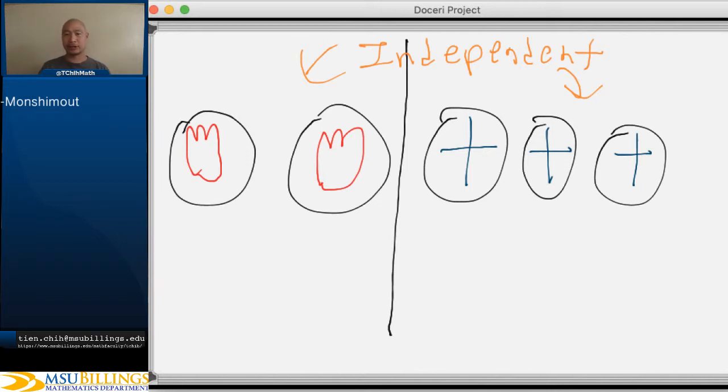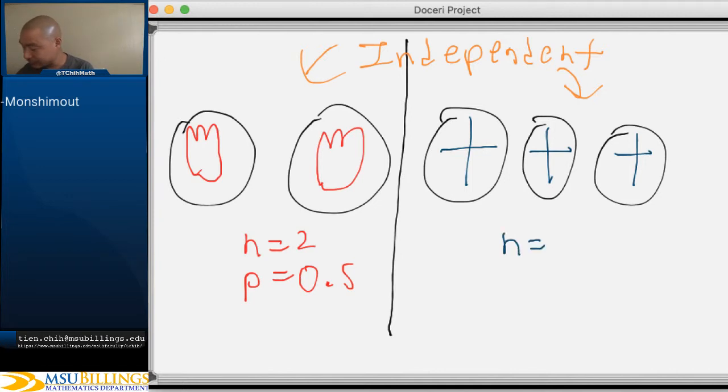And so they occur independently of each other. And individually, the bear's foots are binomial probability, right? There's two of them, and the probability of any one coming up a bear's foot is 50%. And then over here, there's three of these cross stones, and the probability of any of them coming up a cross is also 50%, right?